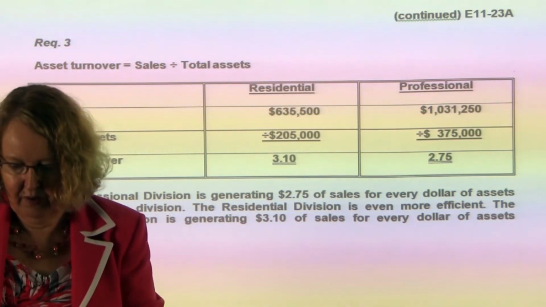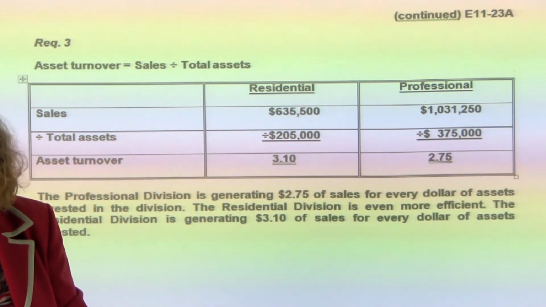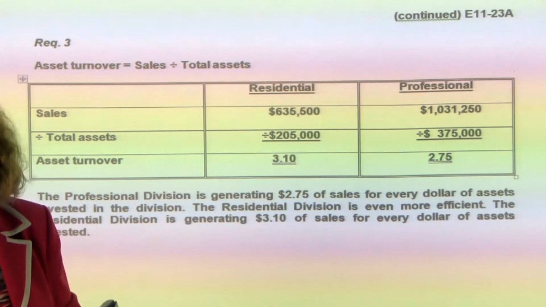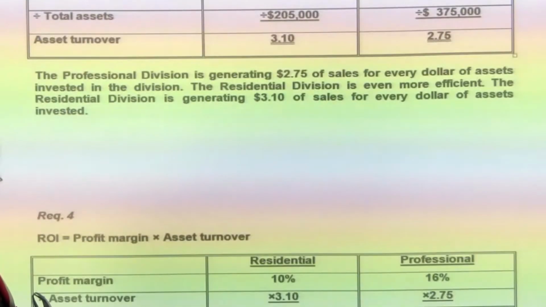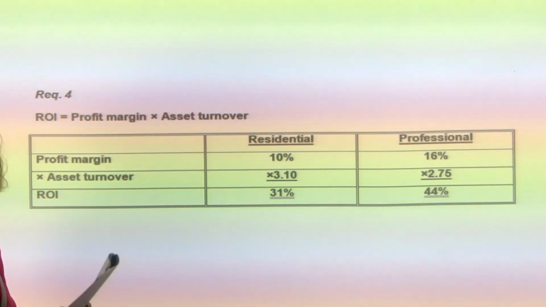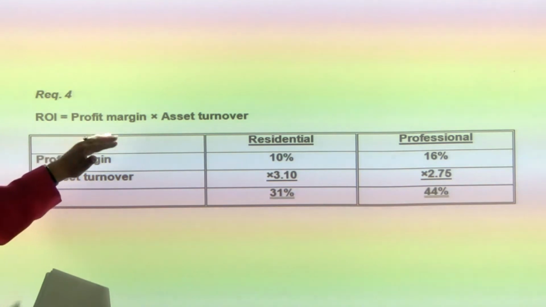So requirement 4 is asking us to use the expanded ROI formula to confirm your results from requirement 1. So when you use the expanded formula for ROI, here you're seeing another way to calculate your return on investment. It's profit margin times asset turnover.